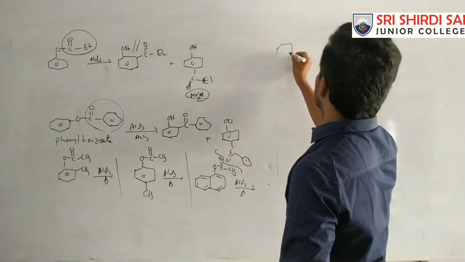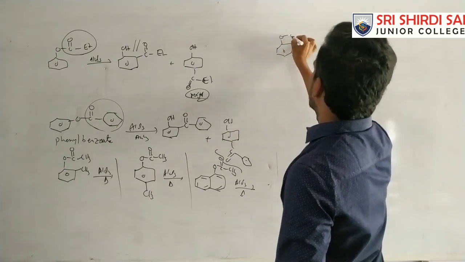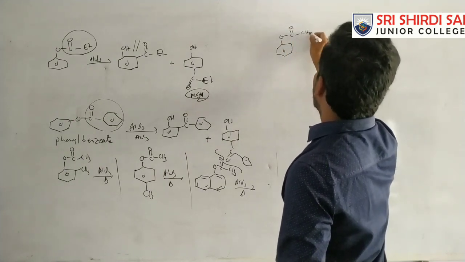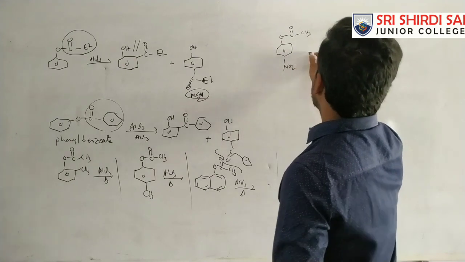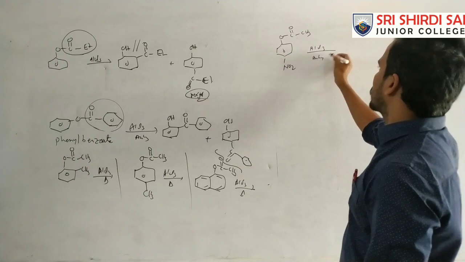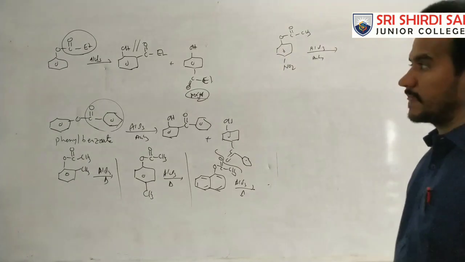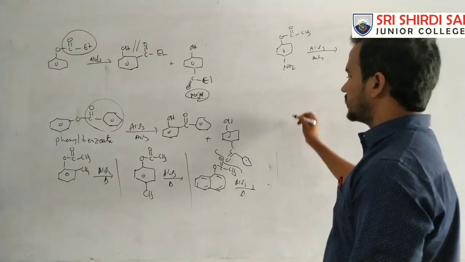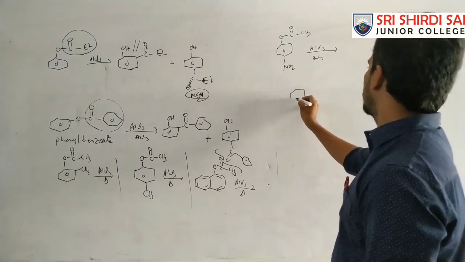Next, suppose O C double bond O, CH3 with NO2 and anhydrous AlCl3. NO2 is an electron-withdrawing group that deactivates the benzene ring.